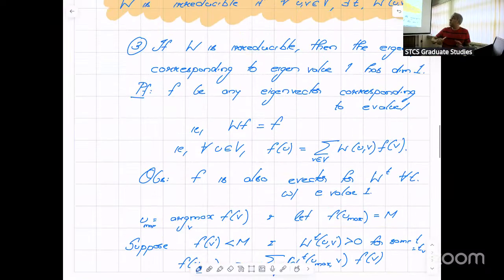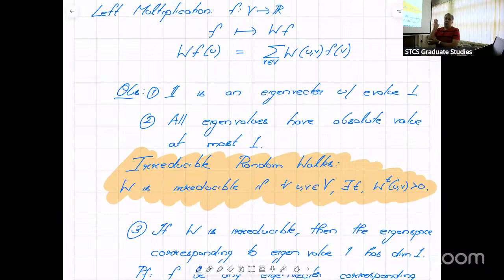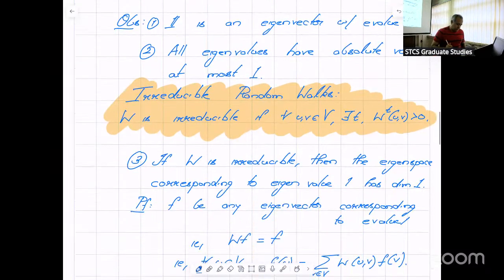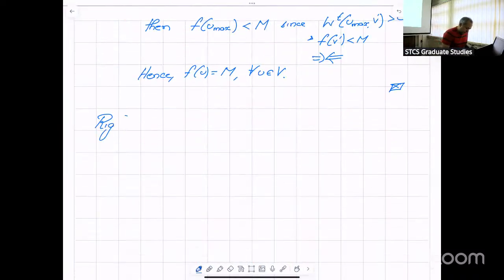By the way, all of this discussion was done when you're multiplying the random walk matrix on the left of the vector. We also saw what happens with right multiplication.